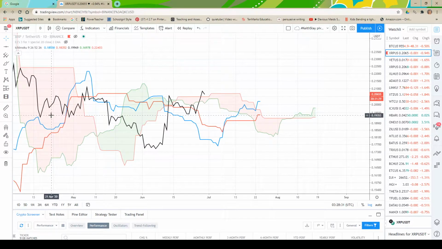Then the other line we have here is the lagging line. The lagging line is called the lagging line for a reason. The lagging line is quite simply the candles put into a line form and moved back 26 spaces. Okay, that sounds complicated, but it's not. It's the candles moved back 26 spaces.